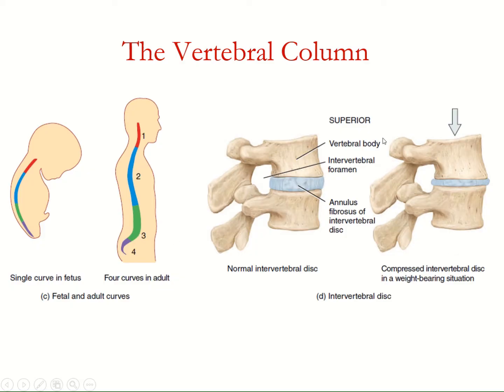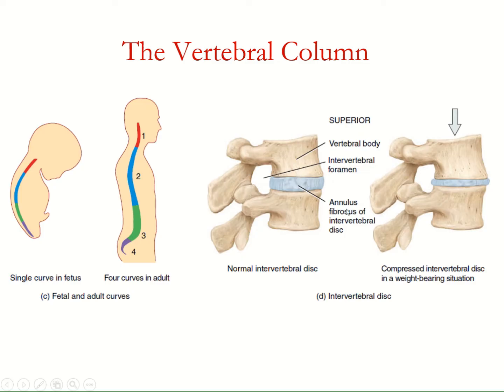You'll be able to appreciate here that there is what we call an intervertebral disc found in between each vertebra, particularly in between the vertebral bodies of our vertebral column. So we find intervertebral discs. Their function is mainly for shock absorption.